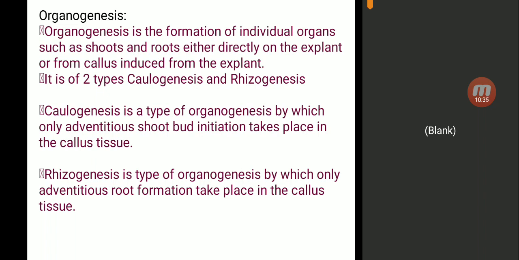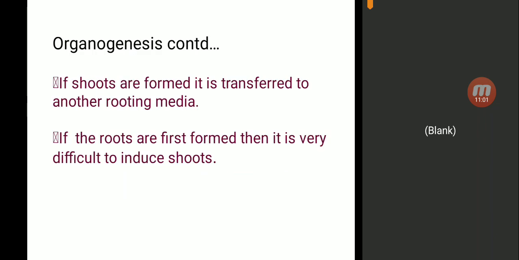The growth of the shoot is called caulogenesis, and the growth of the root is called rhizogenesis. Caulogenesis is a type of organogenesis, and here you will find shoot buds that are initiated from the callus tissue. In rhizogenesis, the roots are formed from the callus tissue.